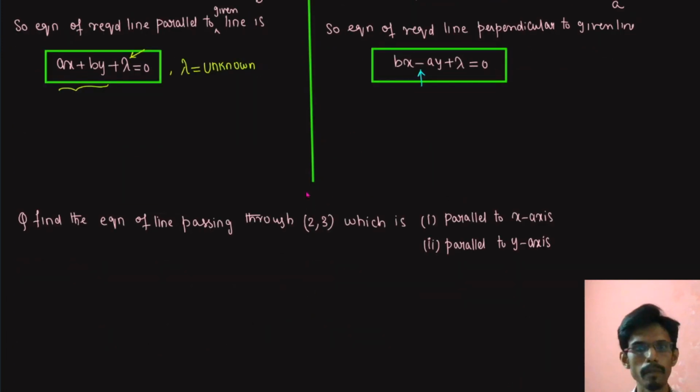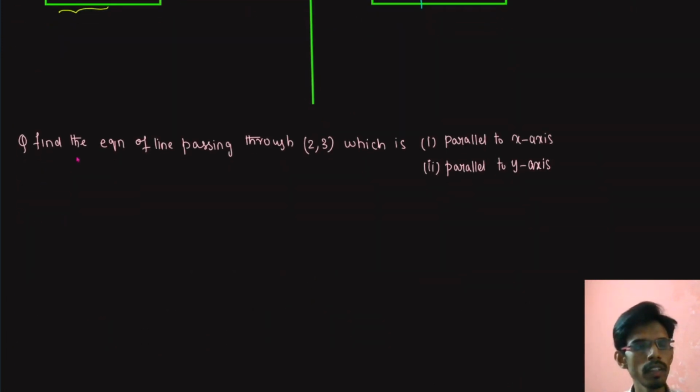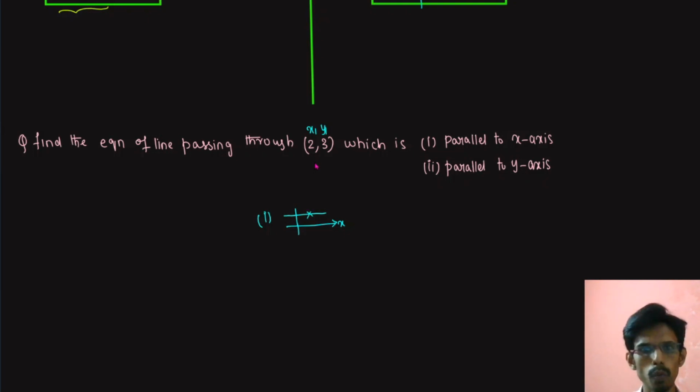Okay, now we have a question, find the equation of the line passing through a point. Let us take this point as x1, y1, parallel to the x-axis. The first one is parallel, means this is the coordinate system, right? This is the x-axis, parallel to this means this will be the line passing through 2 comma 3.